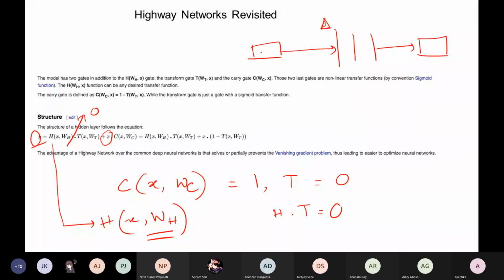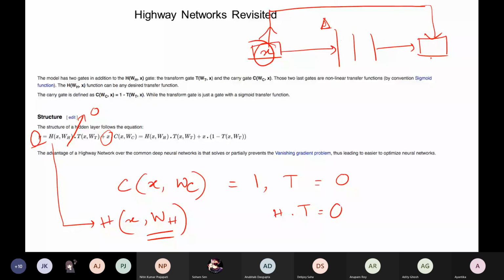But if you open this carry gate and directly pass this input x from here, then the value will not be so small, because that is not a derivative value. You are passing a comparatively large value to this layer, and that contributes to updating your weight.